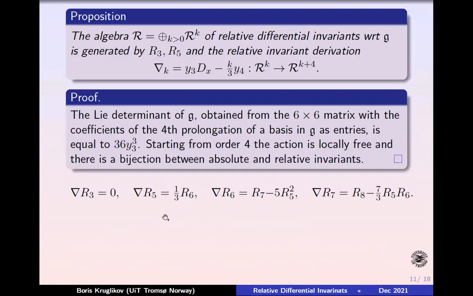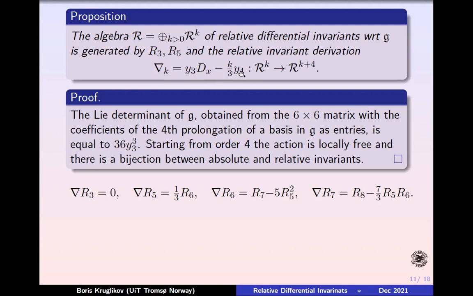Okay, a bit more about this story. It's a prolongation of the previous step. So here's the finite generation theorem. This algebra of relative invariants with respect to this six-dimensional algebra is generated by two relative invariants, R3 and R5, and a relative invariant derivation. Now see how this invariant derivation looks. That's polynomial actually, not as the previous absolute derivations, right?